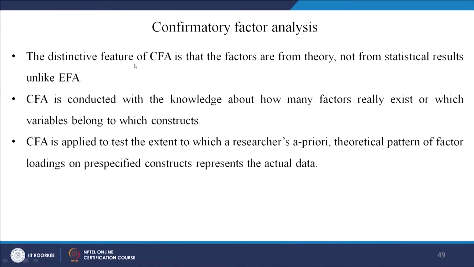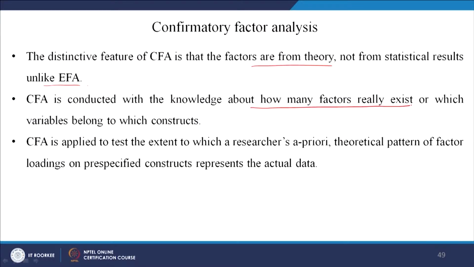The distinctive feature of CFA is that the factors are from theory, not from statistical results, unlike EFA. That means the researcher has to have prior knowledge of how these variables should be grouped into a factor, from a theoretical background, the literature review or something similar.